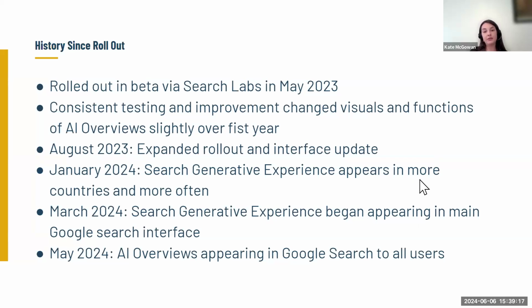At the beginning of 2024, the experience was expanded so users in more countries could sign up, and it was also expanded to appear more often, especially for location-based queries. In March 2024, the AI overviews began appearing in the main Google search interface outside of that beta test version. And just this last month, in May 2024, AI overviews began appearing to all Google users.